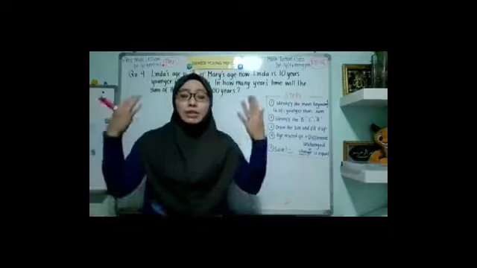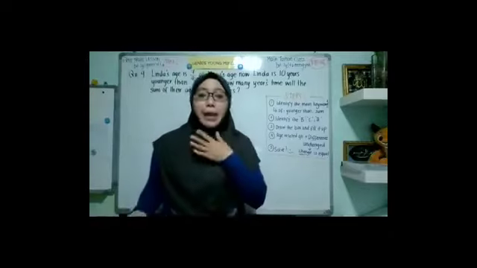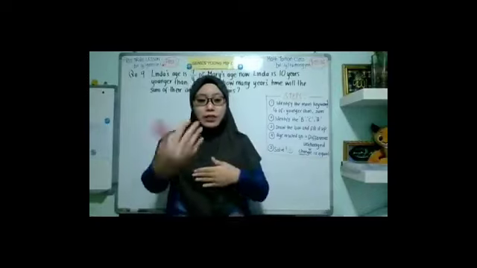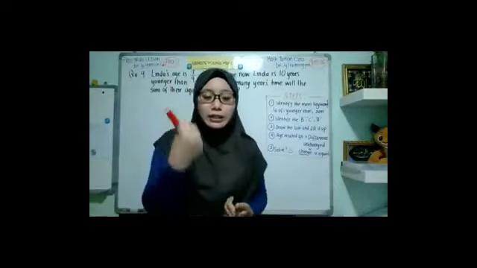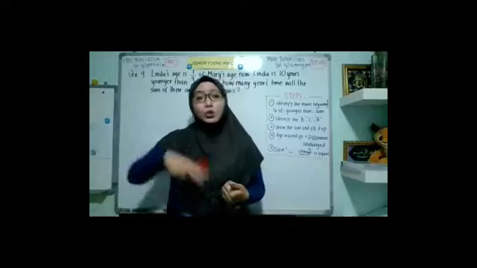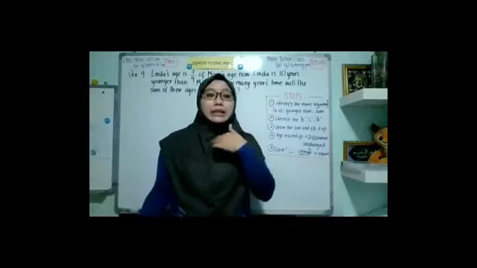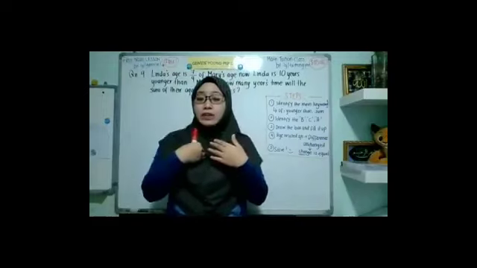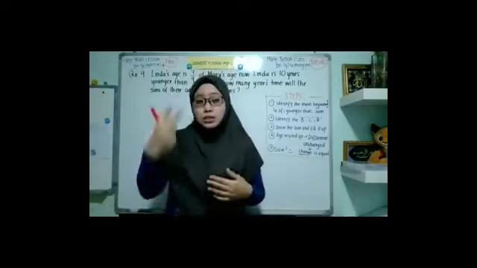Why is that so? Let me give you an example. I'm 30 years old and your child is 10 years old, right? The difference between our ages now is 20 years. Two years later, I'll be 32 and your child will be 12 years old. But our difference, 32 minus 12, is still 20 years.